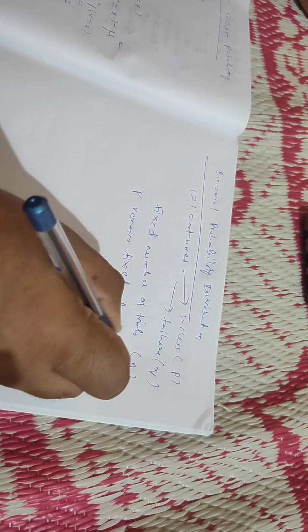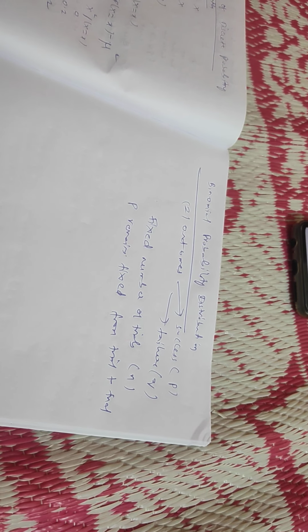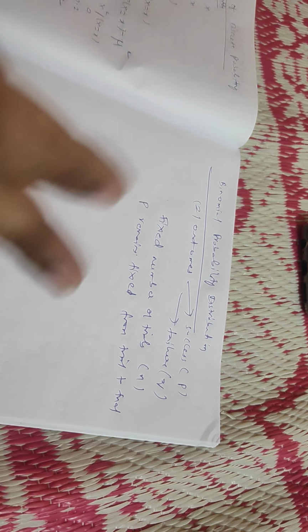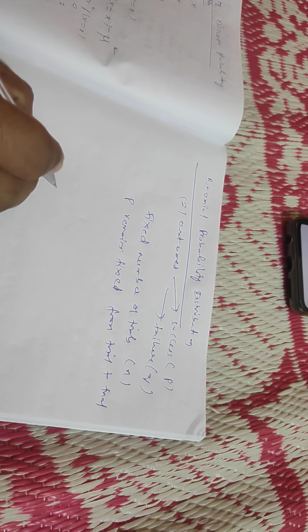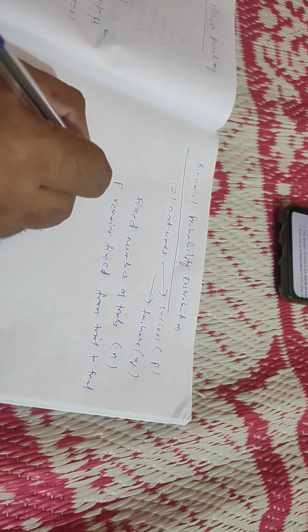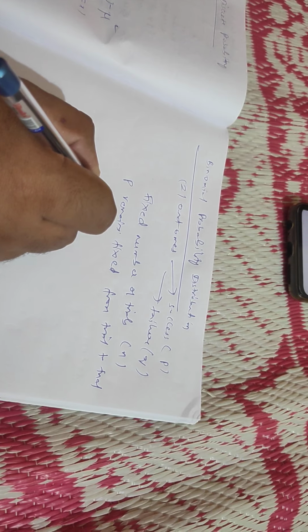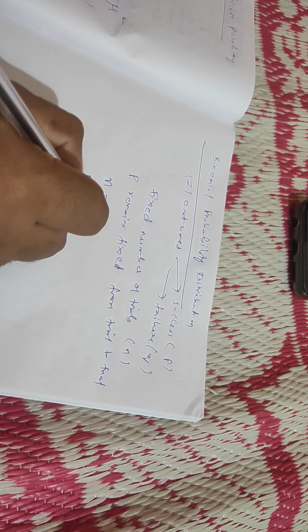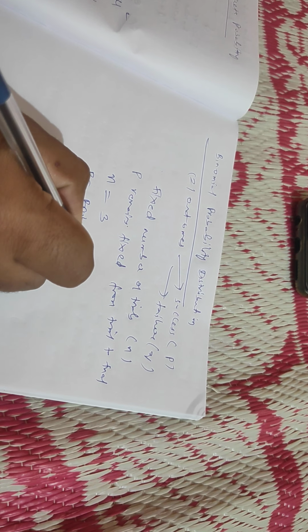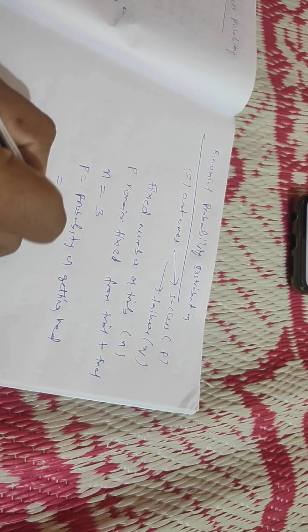from trial to trial. It means if I toss a coin 3 times, the probability of getting a head is my success. So that 1/2 remains the same, constant throughout my experiment of tossing a coin 3 times. So for example, if I am tossing a coin 3 times, n is equal to 3, and the probability of success, the probability of getting a head, is 1/2.